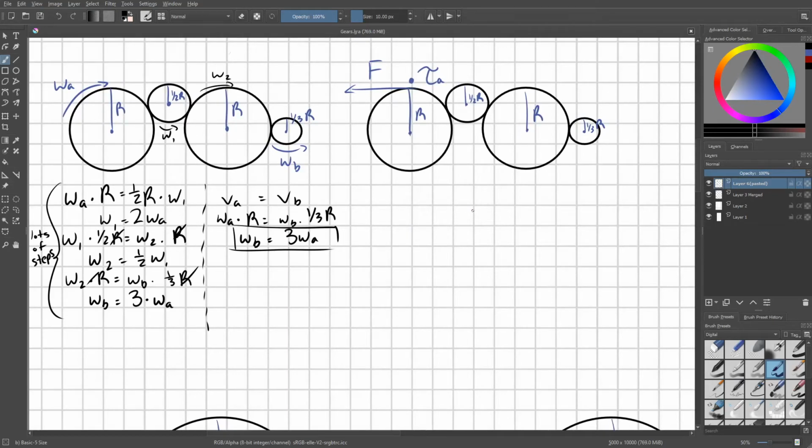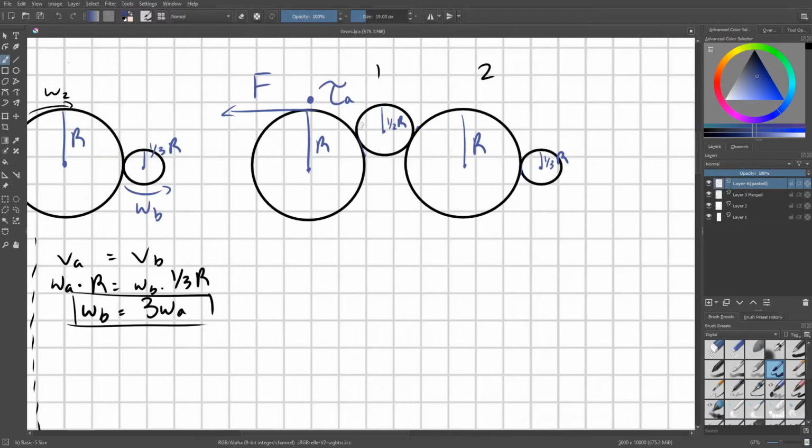Now, we should expect a similar effect with all of these torques. So if we look at this system of gears, we have this force acting here that then is going to push this gear up, which is then going to push this gear down, and it's going to push this gear up again.